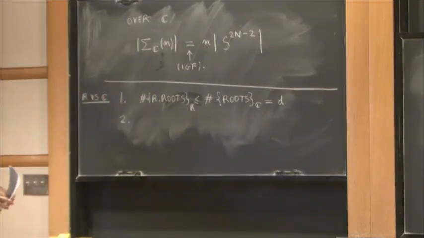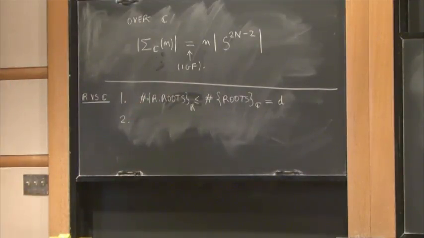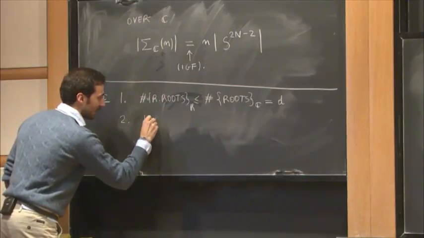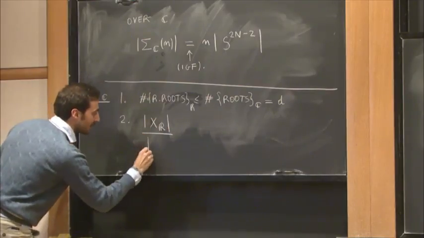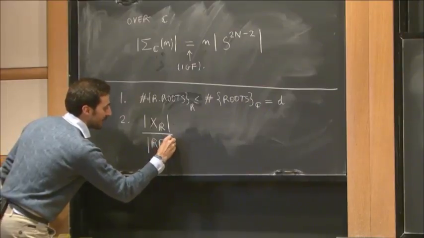Let me say this is actually interesting and related again to the integral geometry formula. Let me pick a real algebraic manifold in the projective space, and let me compute its volume. Let me call the manifold this. This is the volume, and let me normalize by the volume of the real projective space of the same dimension.